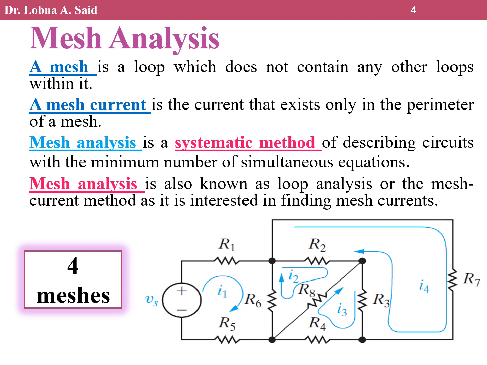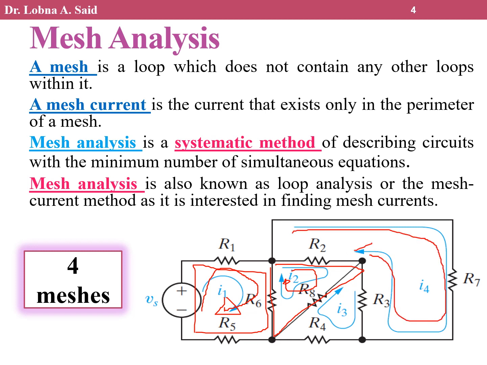A mesh current is another definition, which exists only in the perimeter of the mesh. As long as I am inside the mesh, I have only one current existing. If I am in this mesh, which current exists in the perimeter of the mesh? I2. Notice that we did not say that I1 is passing through each element inside the mesh. We said that inside this perimeter I have I1, in this perimeter I have I4, and inside this perimeter I have I3.